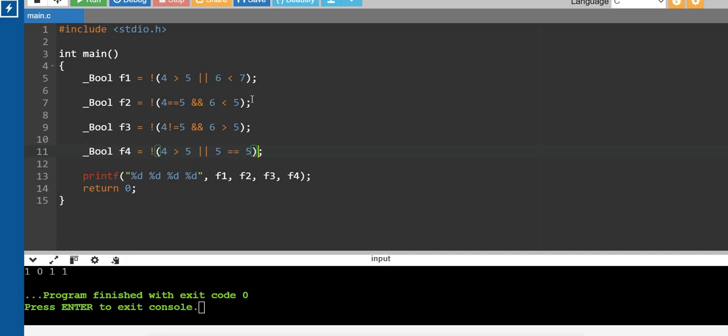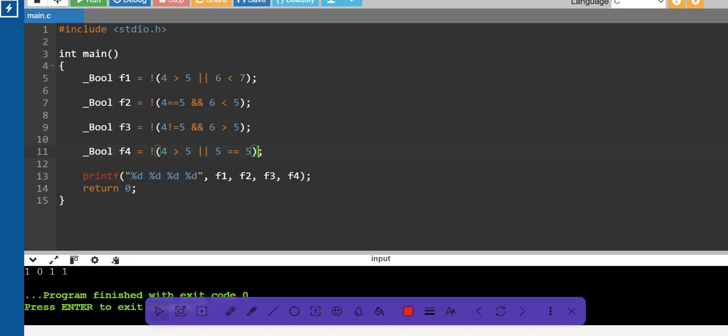If you remember, previously we evaluated that this particular expression will be true, this one is also true, this one is false, this one is true, this one is true. Now we have put logical NOT in front of them.